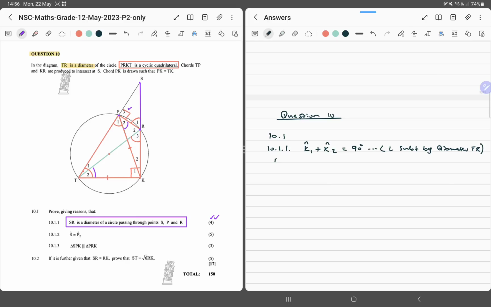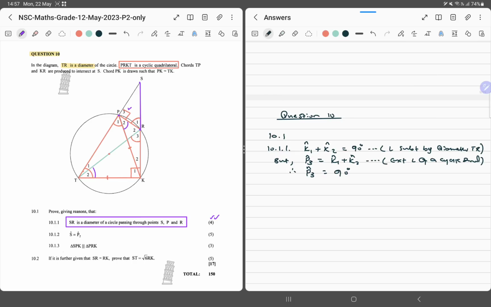But this P3 is equal to angle K1 plus angle K2, which is an exterior angle of a cyclic quad. Therefore, we know that P3 is 90 degrees as a result.